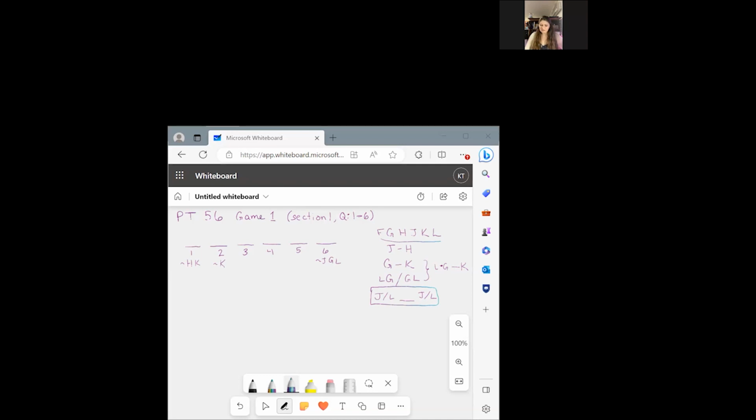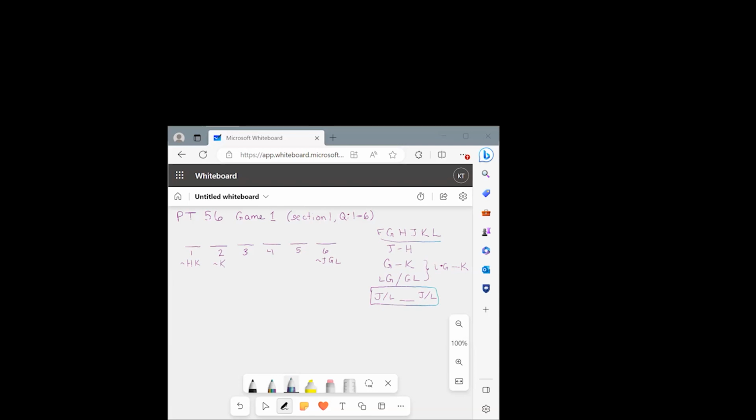Could someone walk me through how you would do question 2? For 2, I just used the deduction that we also made earlier. Yeah, so the one with the L and G has to be before K. Good. So what answer is that?